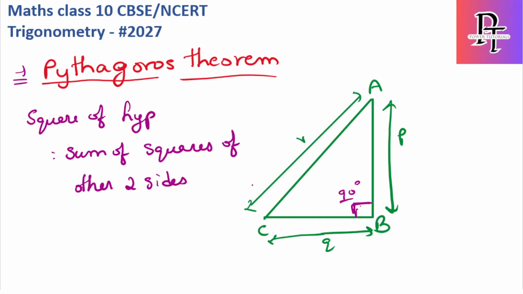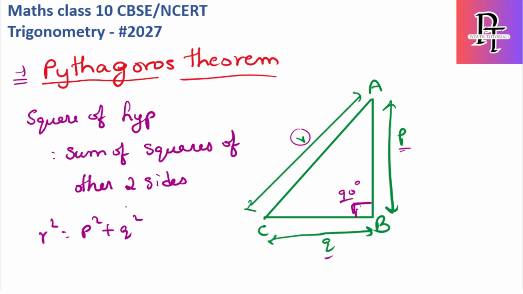If you consider this example, the hypotenuse is nothing but the longest side. AC is the longest side, which is R. So R square, that is the square of the hypotenuse, is nothing but the sum of squares of the other two sides. P is the length of one of the other two sides, and Q is the other side. So R square is equal to P square plus Q square.